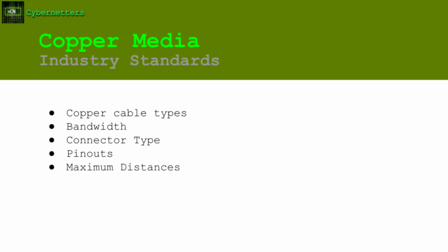For connectors, we have the RJ45 for Ethernet and the F-type connectors for coaxial cables. For the pinouts, we have T568A and T568B, which define the color coding of the twisted pair cables, which we'll be going more in depth on later in this video.